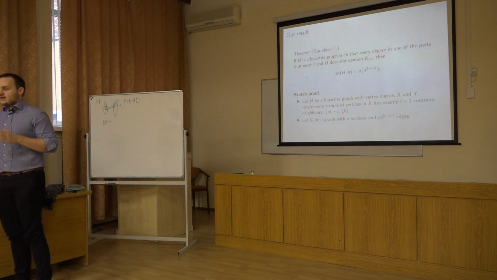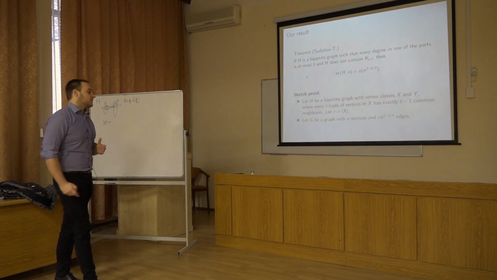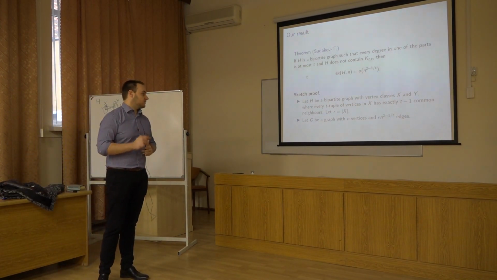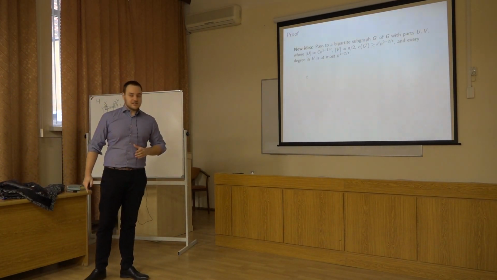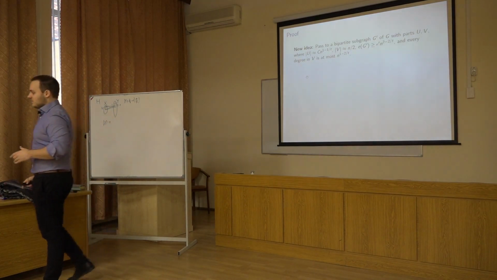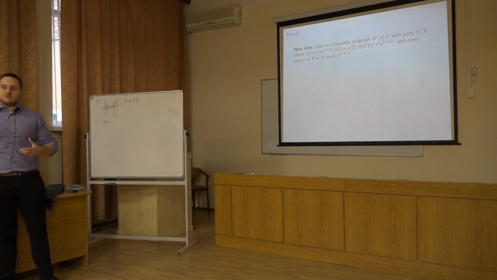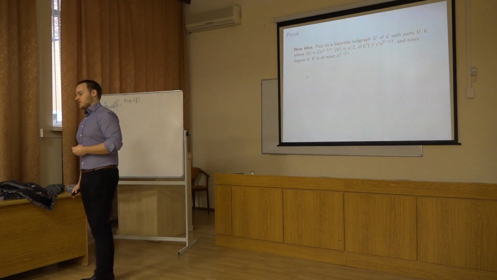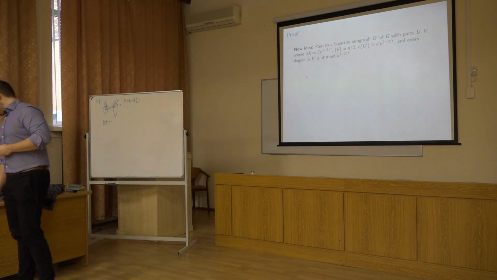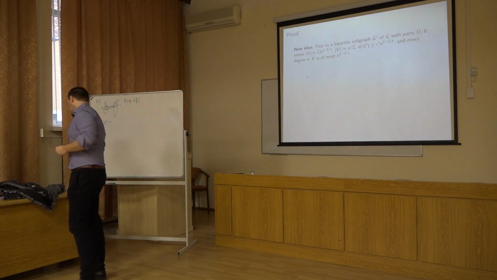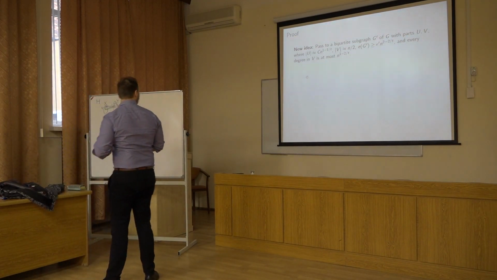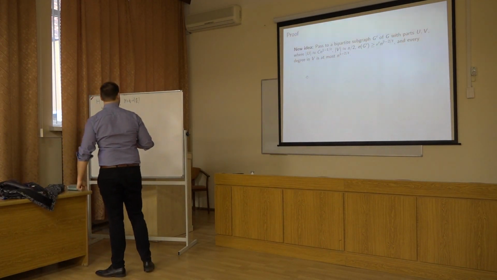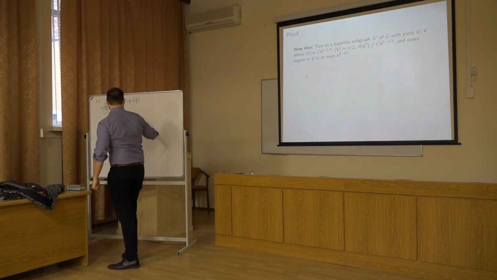But our new idea already comes here, because instead of doing this, what we do is this slightly strange setup. Instead of finding a symmetric bipartite graph in G, we want to find a very asymmetric bipartite graph. So we are going to find a large bipartite subgraph G prime of G, which has the following form.